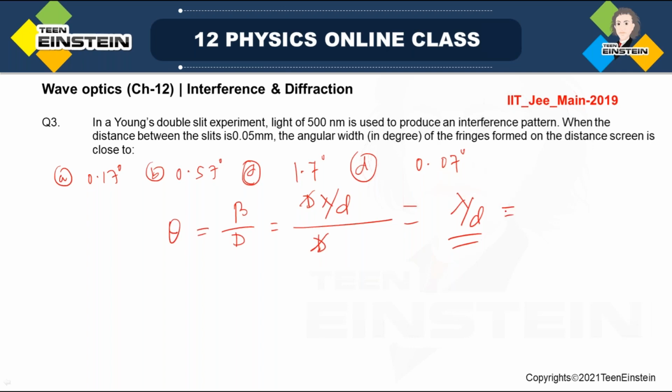So we can find out the angular width of the fringe produced by this 500 nanometer light and slit separation of 0.05 millimeter.